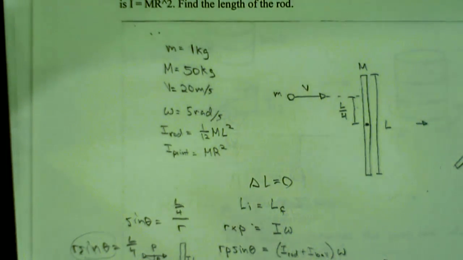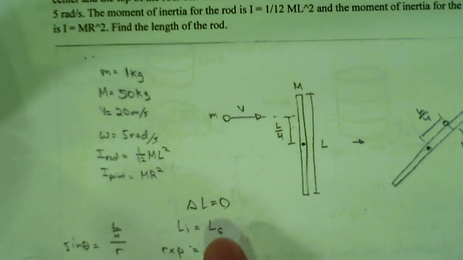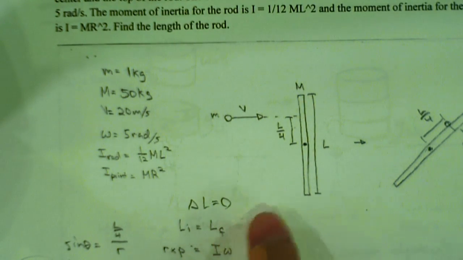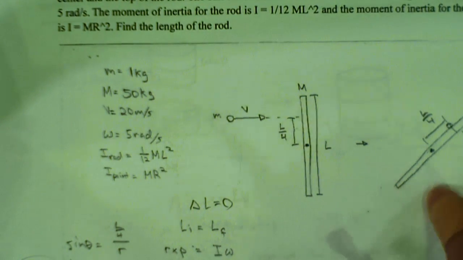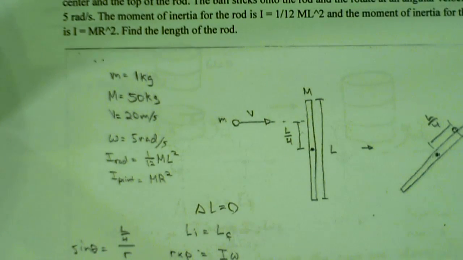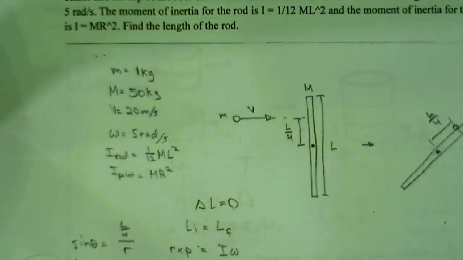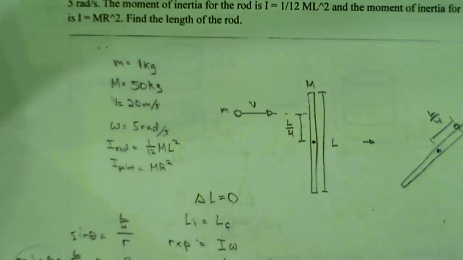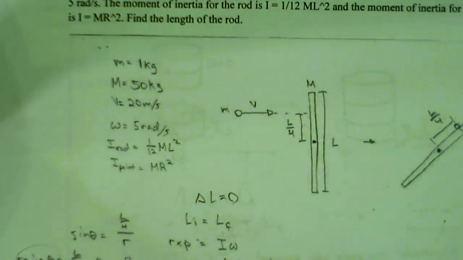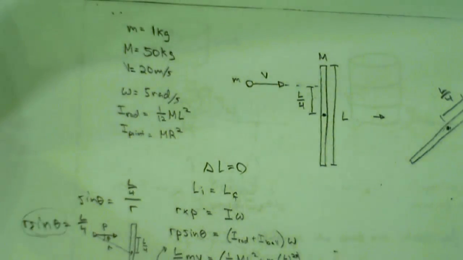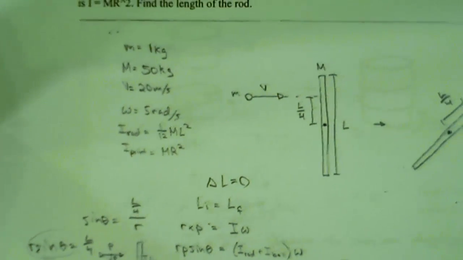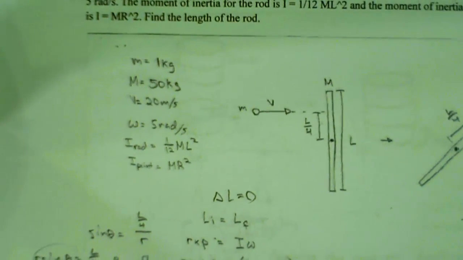In the case of angular momentum, it will always be conserved unless a net torque acts on the system. In this case, there's no net torque acting on the system externally. All internal torques cancel out, so we don't have to worry about what happens once it hits, because it'll stay conserved. Does that answer your question?